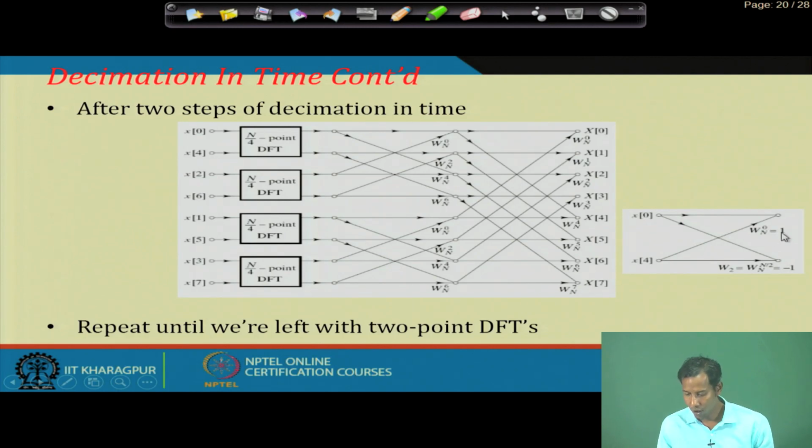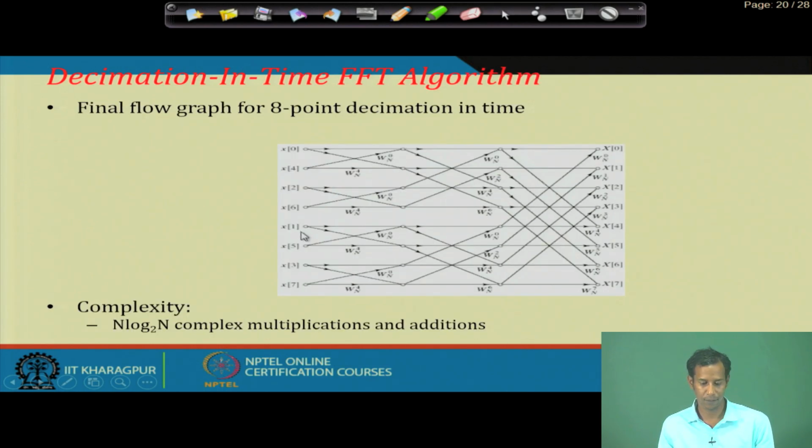These values of 1 and -1 are calculated based on the corresponding twiddle factors. This will be repeated until we get these 2-point DFTs.